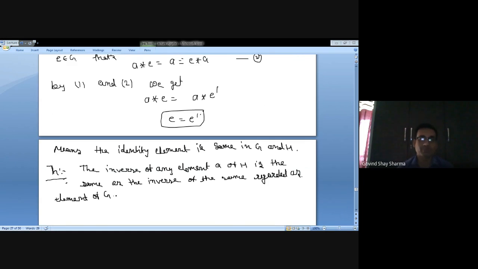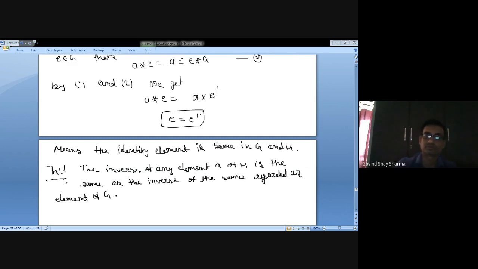This statement means the inverse of any element A of H, A कोई H का एलिमेंट है उसका इनवर्स G में भी सेम ही रहेगा, or we can say that H is a subgroup of G. So the inverse element in both G and H is the same.